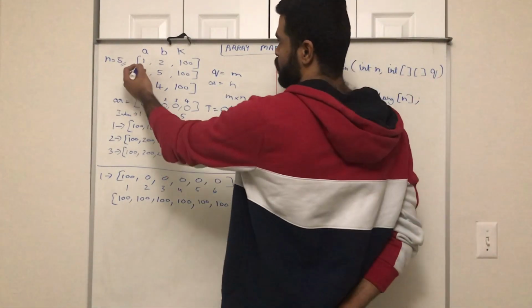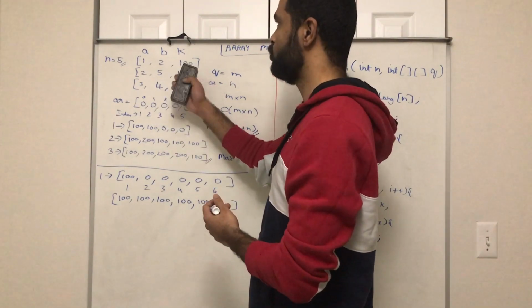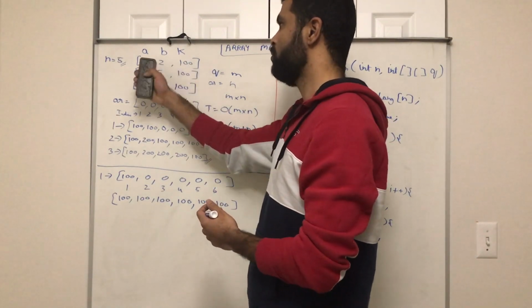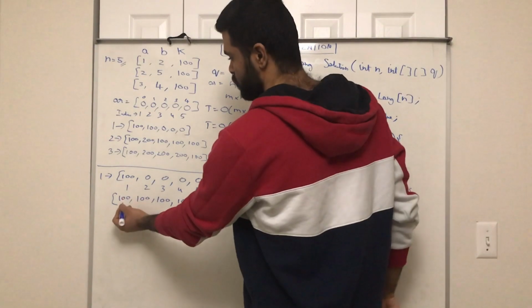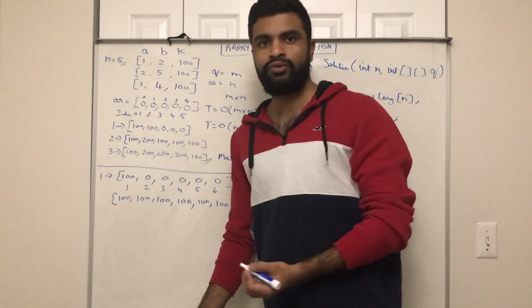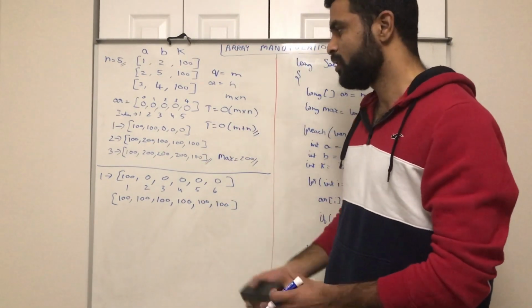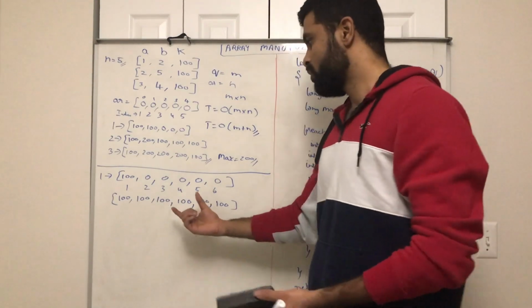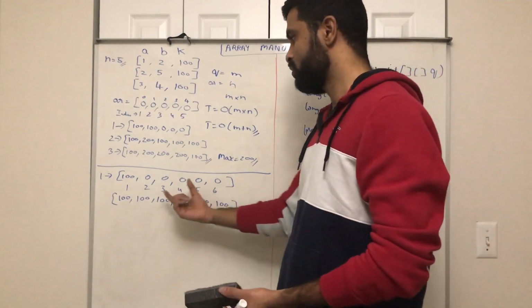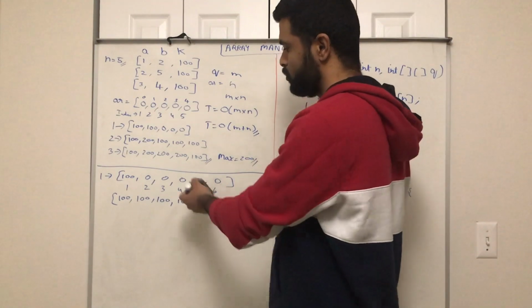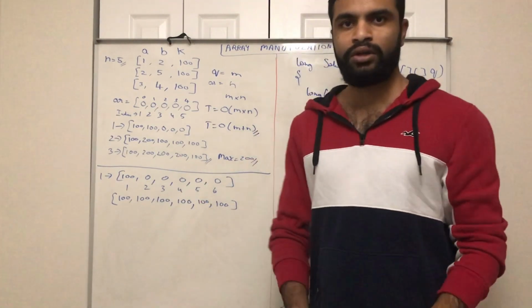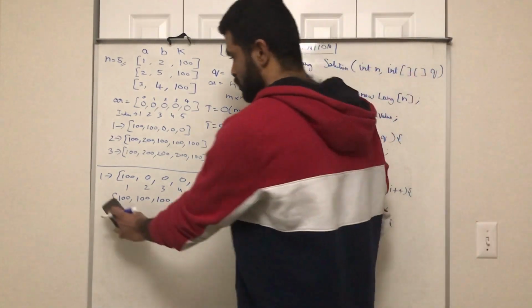But as per query 1, I actually need to add value 100 from point 1 to 2. So here you can see, after applying the prefix sum, I was able to add for all the other points also with 100.